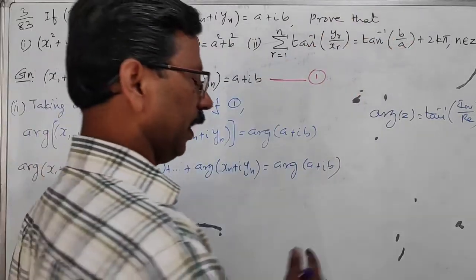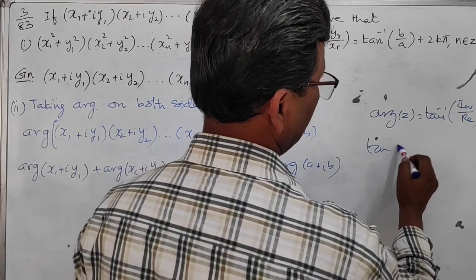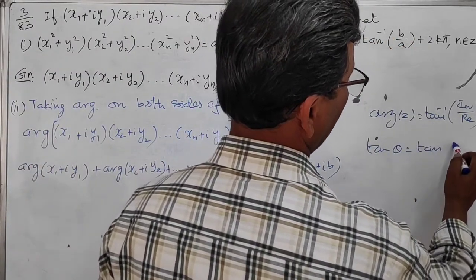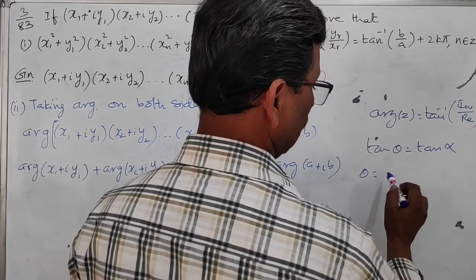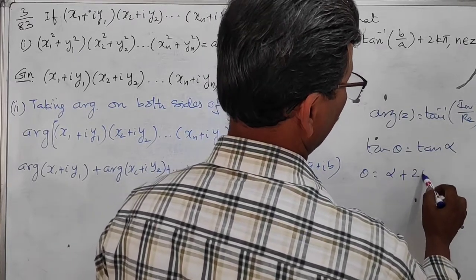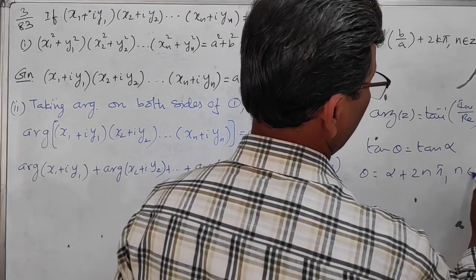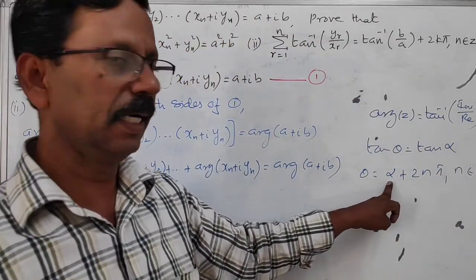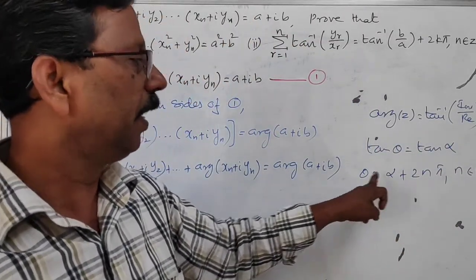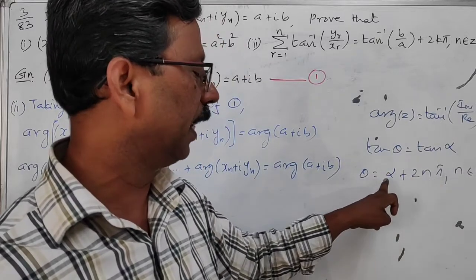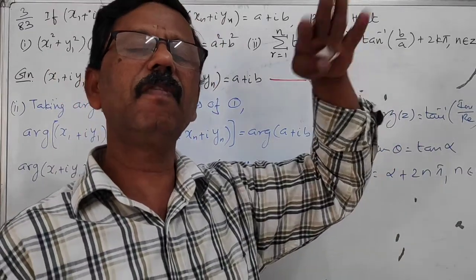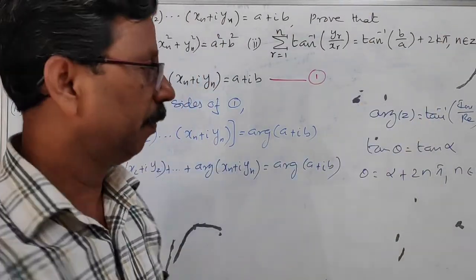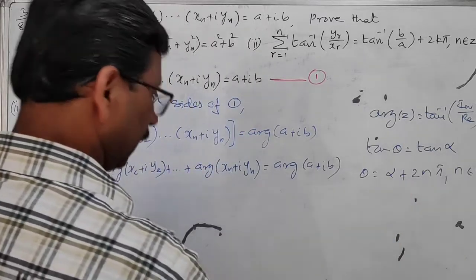In the 11th standard, we have seen if tan theta is equal to tan alpha, then theta is equal to alpha plus 2n pi, n belongs to z. This is the general solution, and this alpha is nothing but the principal solution. Based on this result, alpha means tan inverse of imaginary part by real part.